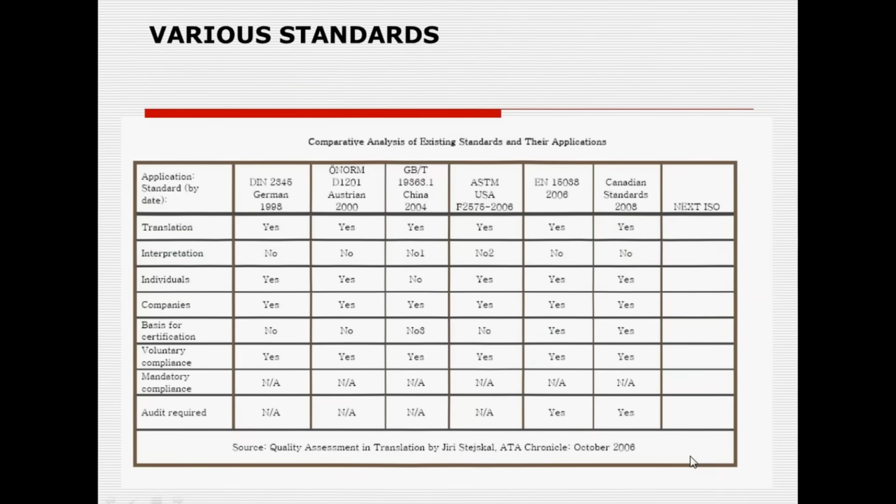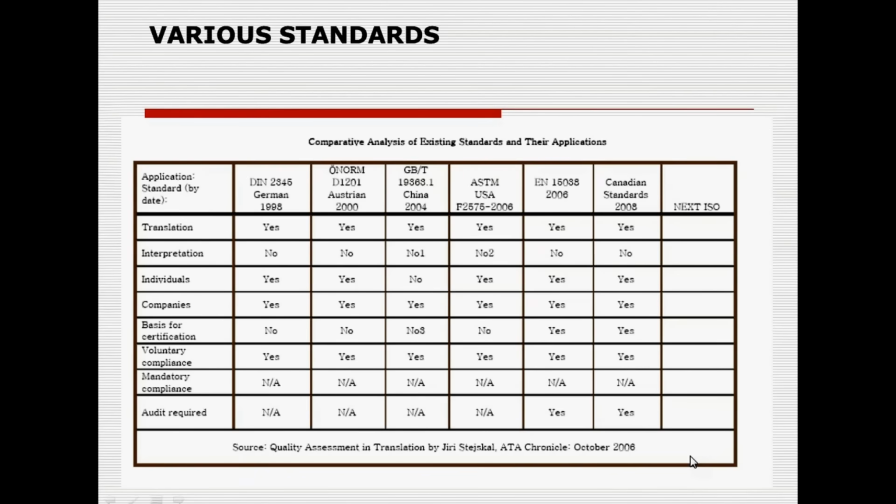So in the second part of my presentation today, I am dealing with the variety of quality standards available in the international standard market. The first that comes into picture, if you go through this table, just try and understand this.